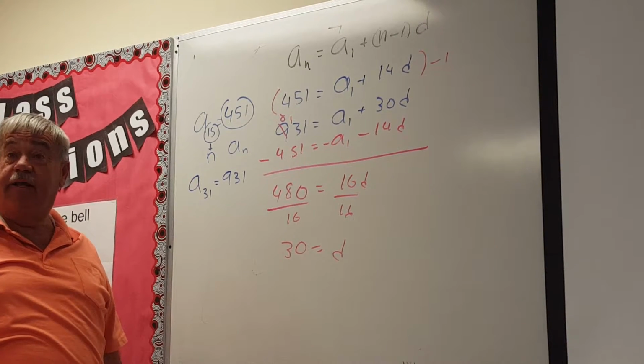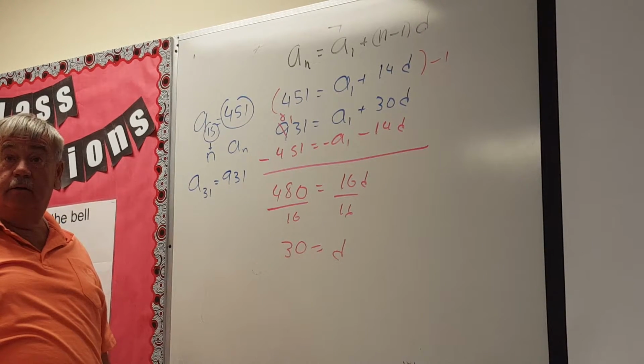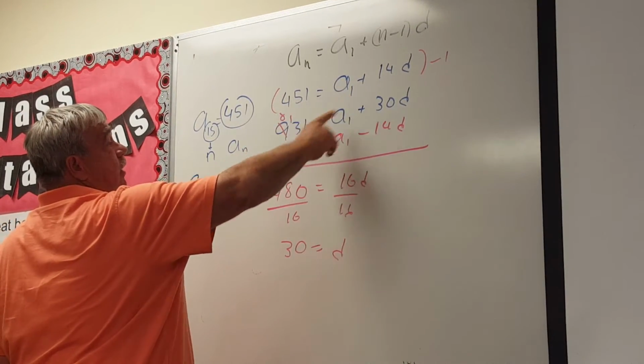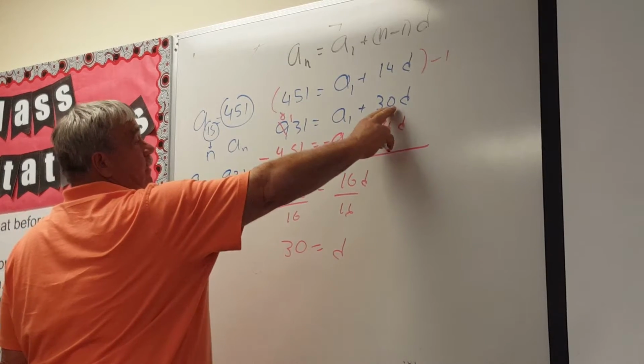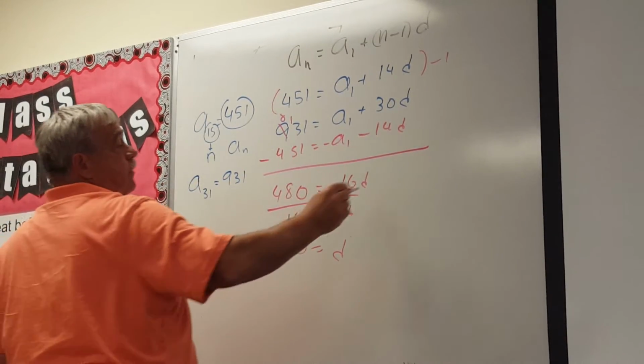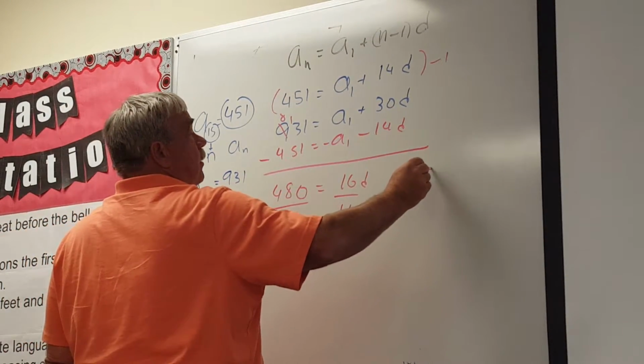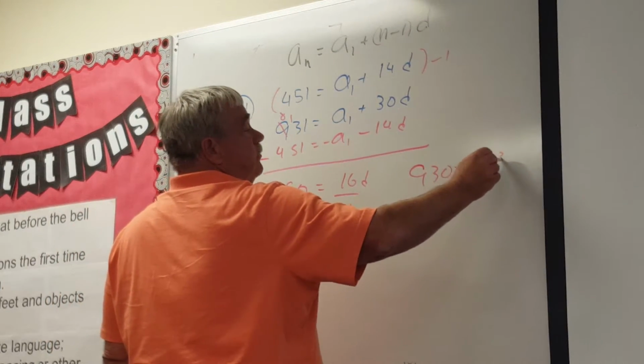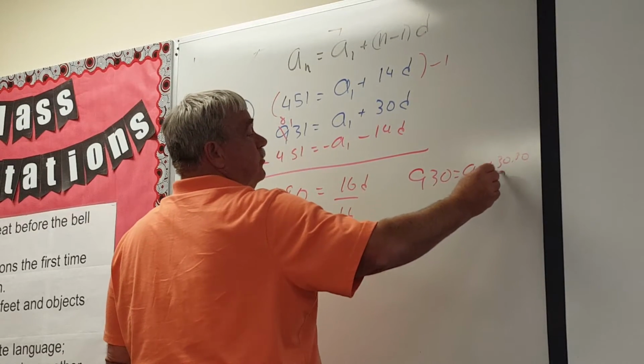Okay, I need to find A1. So I put this up in either one of these. So let's put it in here. Okay. So 931 equals A1 plus 30 times 30, which is 900.